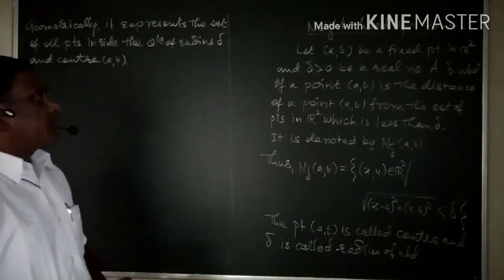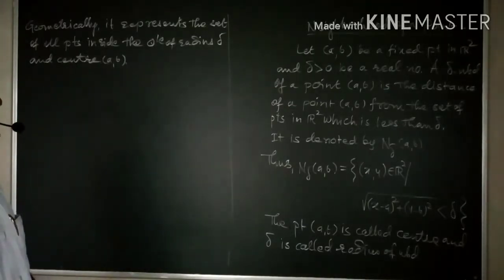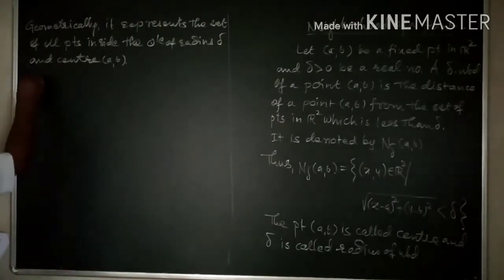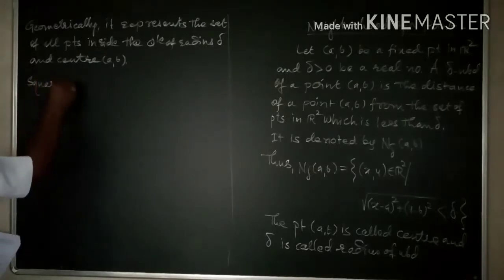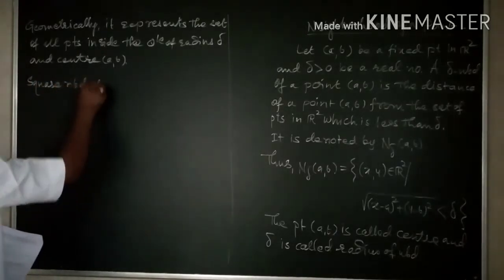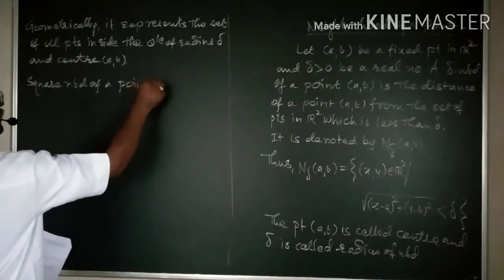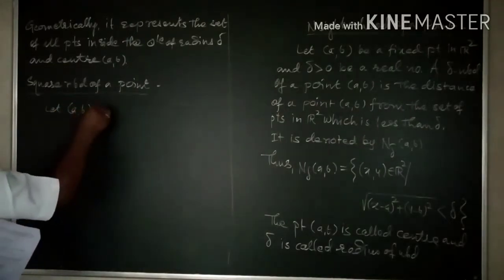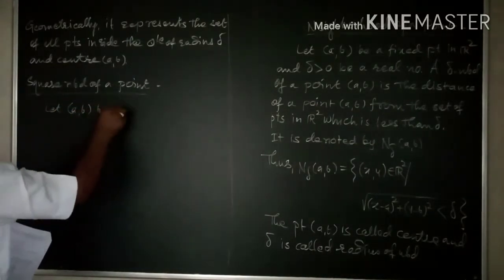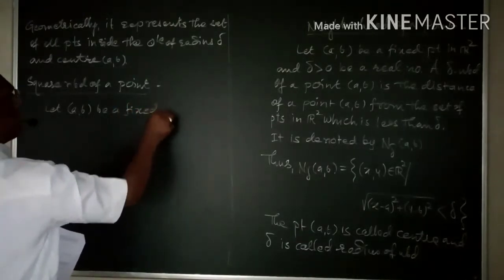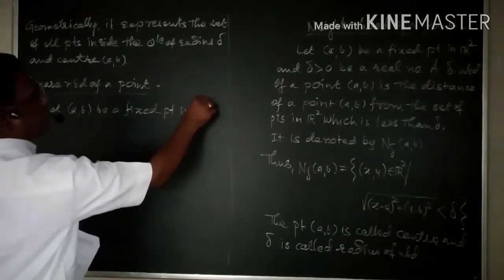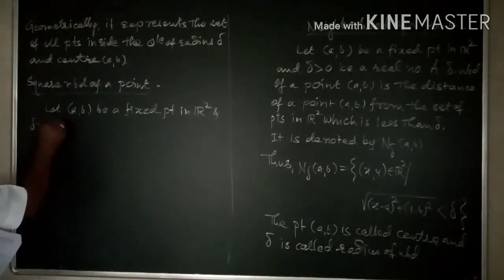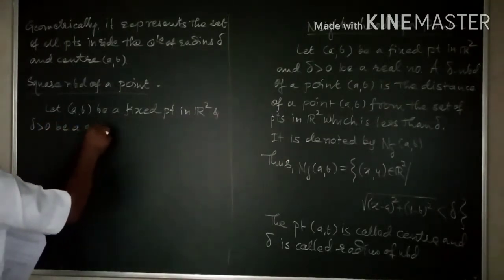Similarly, we can define the square neighborhood of a point in R2. Therefore, let us have the definition of square neighborhood of a point. Let (a, b) be a fixed point in R2, and in the same way delta greater than 0 be a real number.